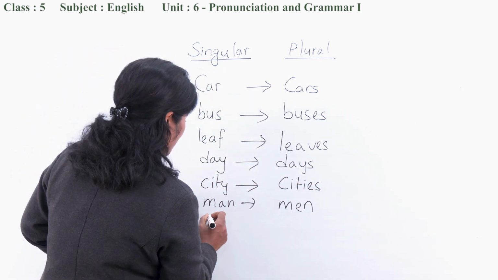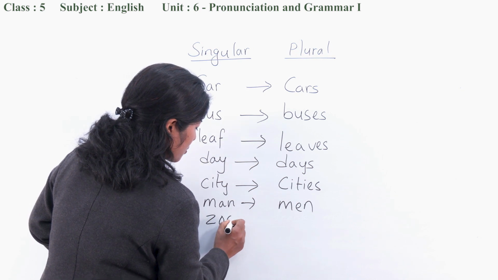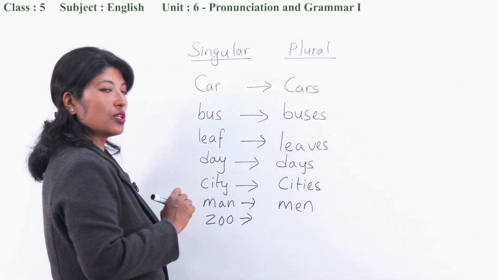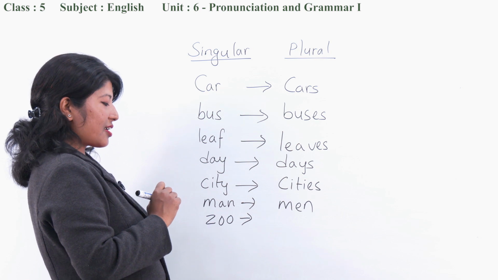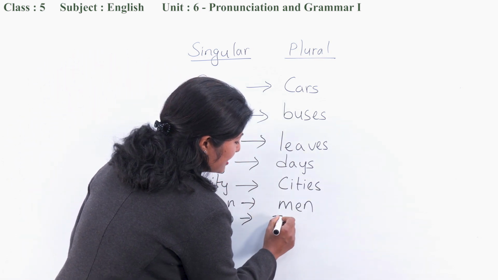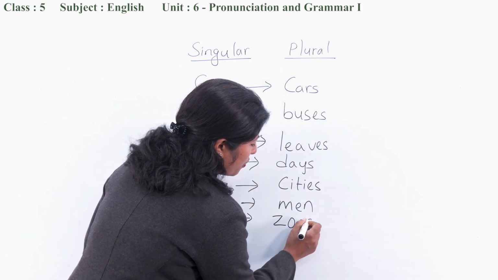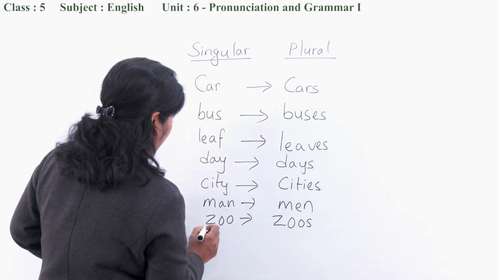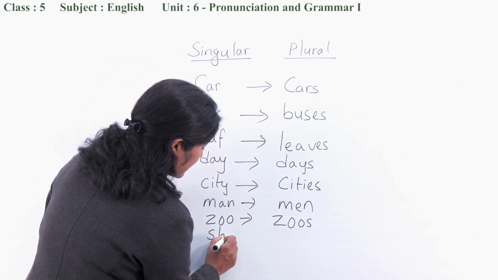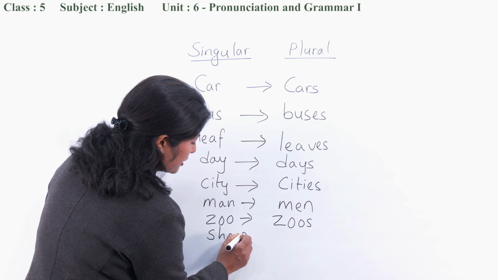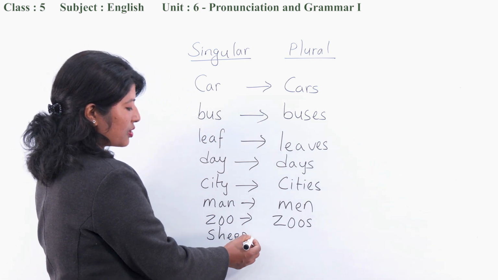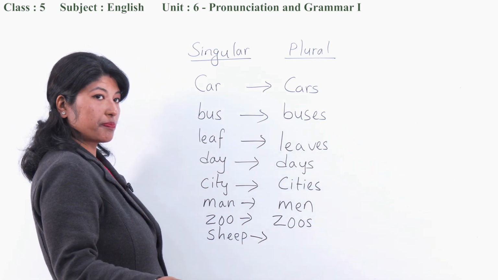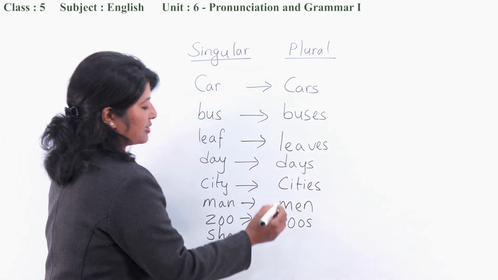What about zoo, Z-O-O? How can we make it plural? Yes, simply Z-O-O-S. Okay, let me give you one final word, S-H-E-E-P. Tell me, what is the plural form of sheep?